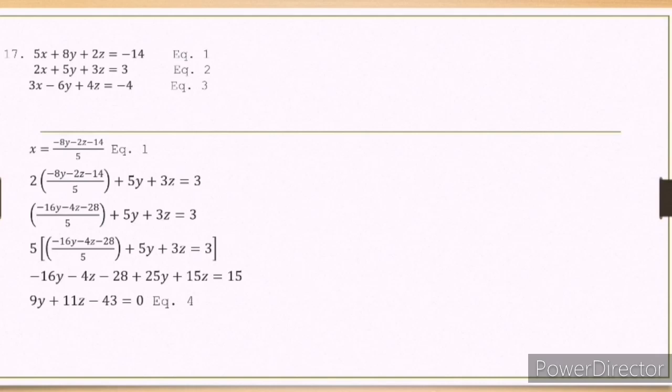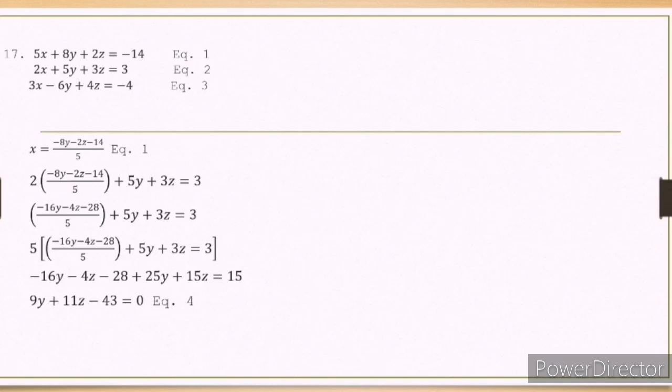2 times quantity negative 8y minus 2z minus 14 divided by 5, plus 5y plus 3z is equal to 3. Now distribute 2 times negative 8 is negative 16. 2 times negative 2 is positive 4z. 2 times negative 14 is negative 28 over 5. Then copy 5y plus 3z is equal to 3.